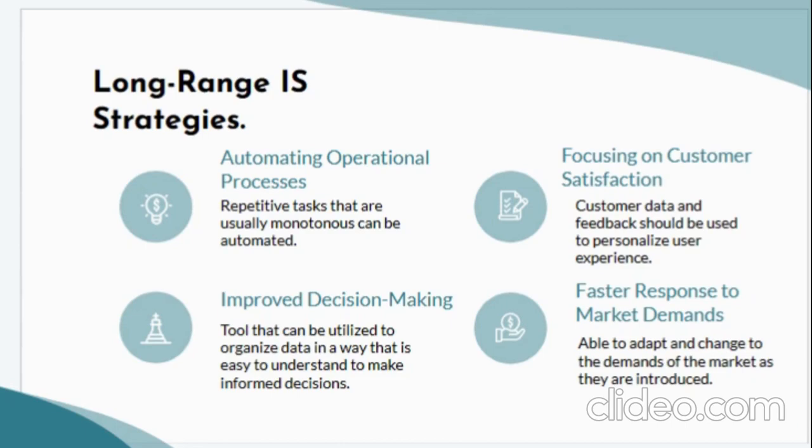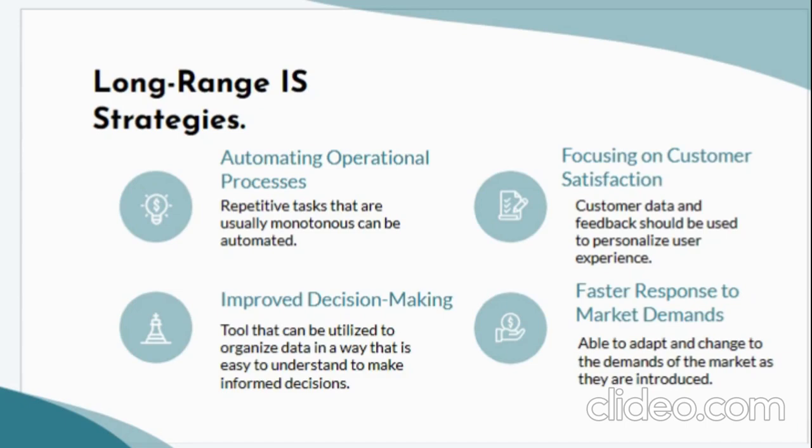Another IS strategy would be focusing on customer satisfaction. The CRM and data analytics should be used to personalize experiences and prioritize guest feedback for continuous improvement. Another IS strategy is improved decision making.